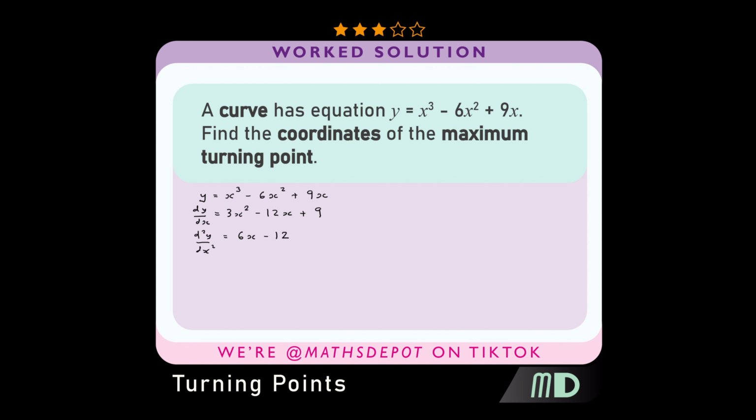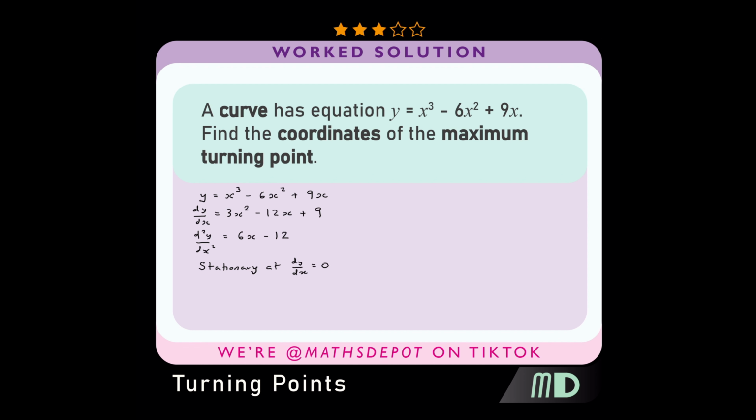Now we can find the stationary points for this curve by setting dy by dx equal to 0 and solving for x.